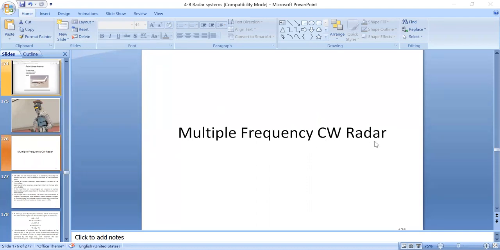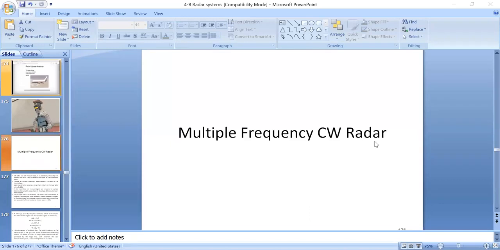Here the concept is very simple. Please try to concentrate. What is the drawback of basic continuous wave radar? It doesn't give any information regarding range, right? But in some situations, we may be able to calculate the range by doing some modifications.